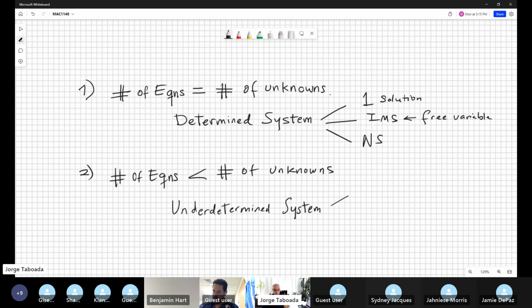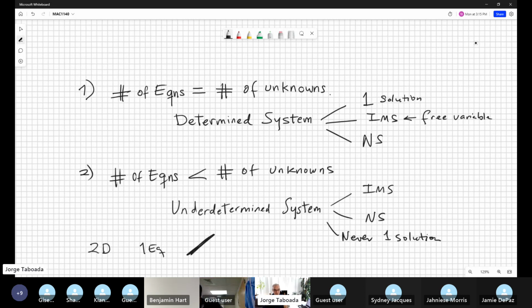In this case, we have only two possibilities. Either we have infinitely many solutions, or we have no solution. But never do we have one solution. Never. It's impossible. To understand a little more clearly, suppose that in two dimensions we have one equation. It's a line, so we have infinitely many points as the solution.